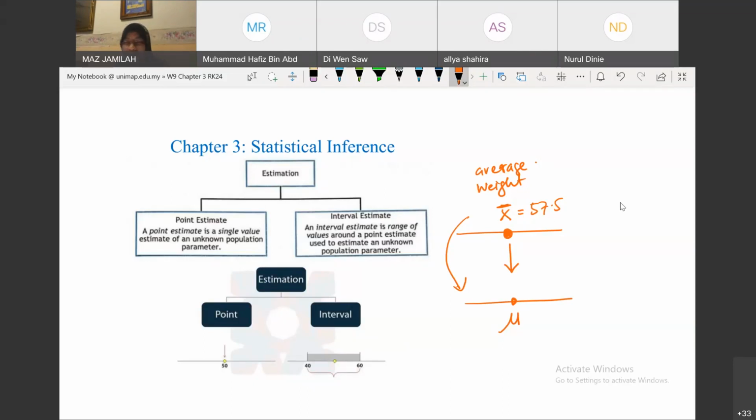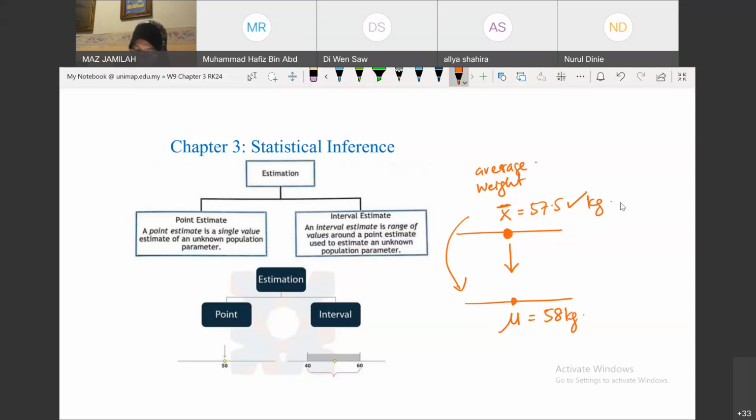Knowing that when we do estimation with one single point, we may not get the correct or exact value. For example, if we are investigating the weight and we find that the average weight is 57.5, somehow the actual population mean may be, let's say, 58 kg. So sometimes we prefer to use the interval estimate.